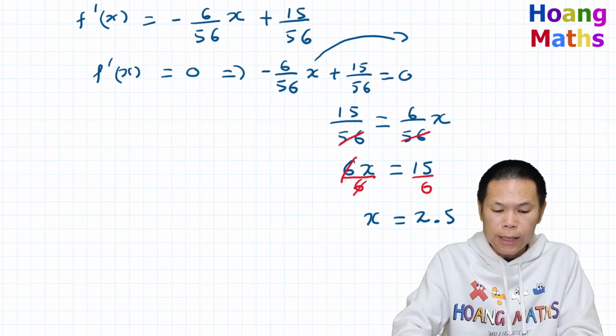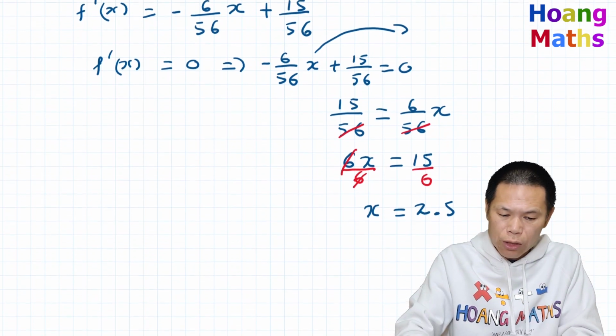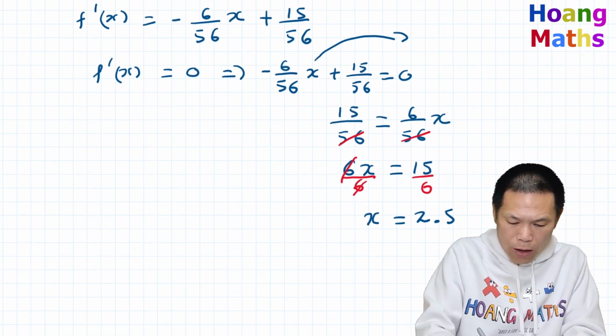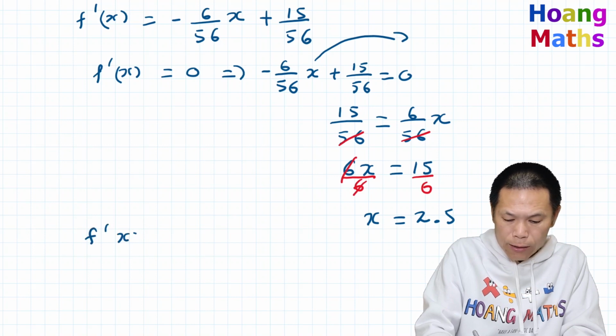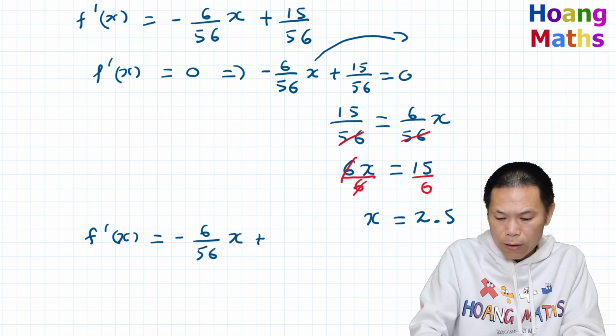To test it, the second derivative must be less than 0 for a maximum, right? So let me differentiate this. Let me write f dash x first. f dash x is equal to negative 6 over 56x plus 15 over 56.